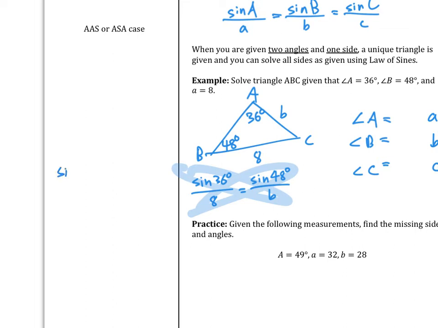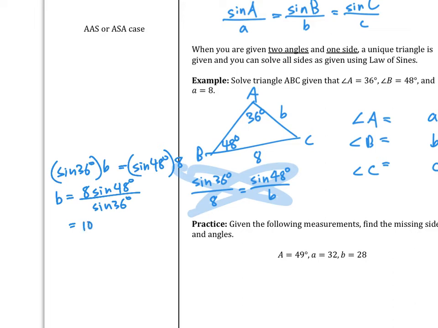So sine 36 degrees times b is equal to sine 48 degrees times 8. We're solving for b, so we're going to divide by sine 36. So b is equal to, it's really awkward writing the number last, so I'm going to write it before sine, 8 sine 48 divided by sine 36. Now use the calculator and find b. Okay, so side b is equal to 10.1.